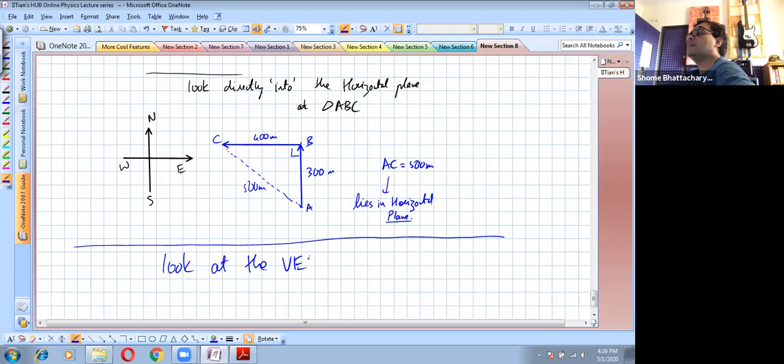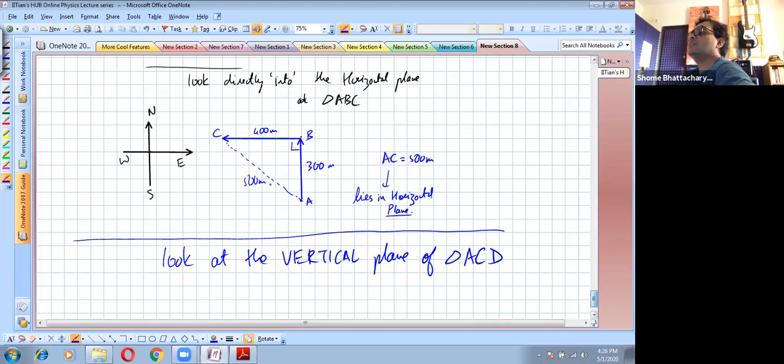the vertical plane of triangle ACD. Okay. So in this diagram you can understand where the point D is lying. It's actually lying above C. It's lying towards you. If you're looking at the floor, C is on the floor, A is on the floor, but the point D is directly above C at a height of 1200 meters.